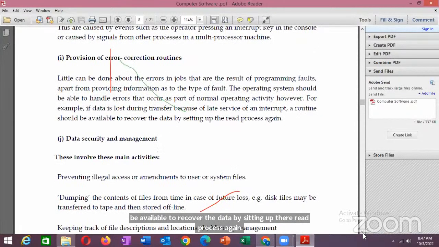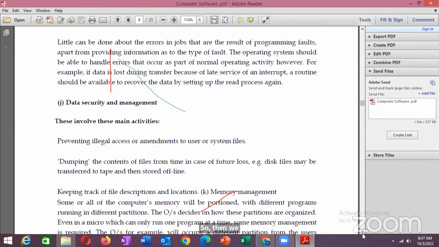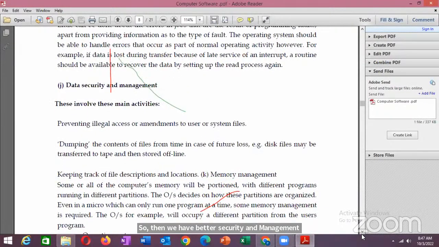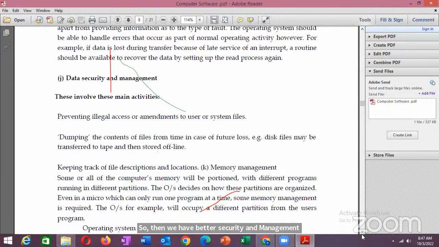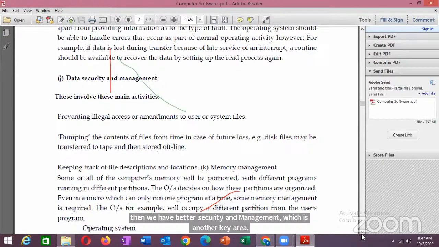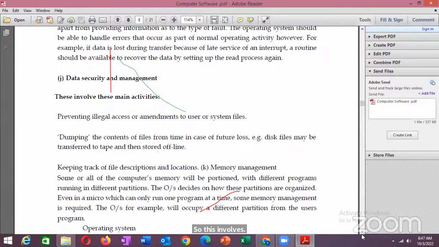Then we have data security and management, which is another key area. This involves these main activities: preventing illegal access or amendments to user or system files, and dumping the contents of files from time to time in case of future loss. This file may be transferred to tape and then stored offline.